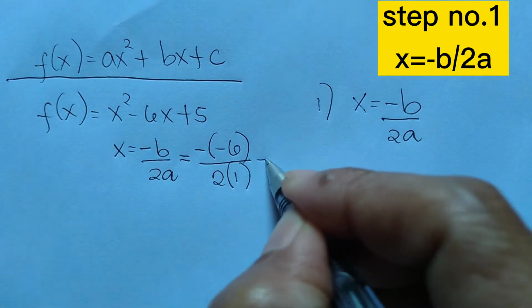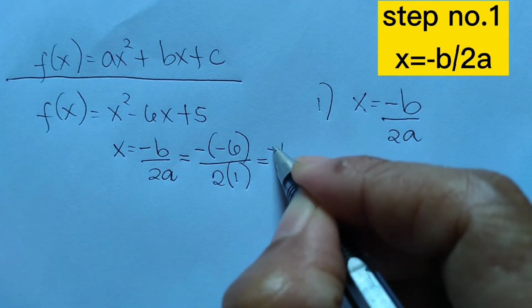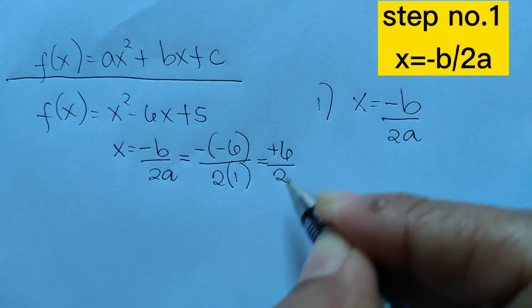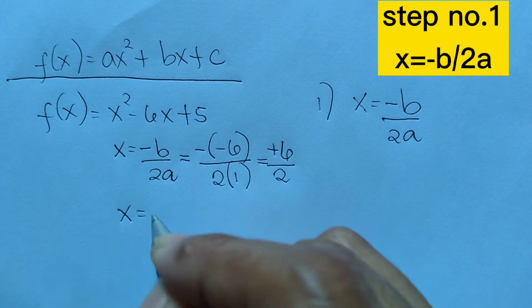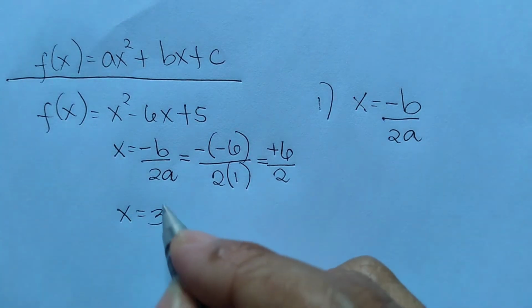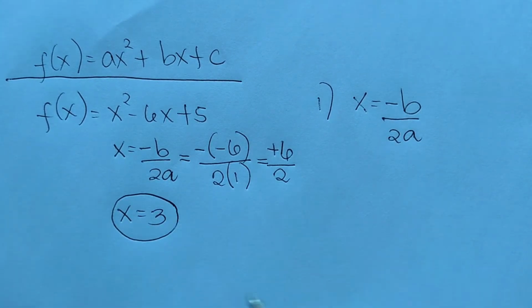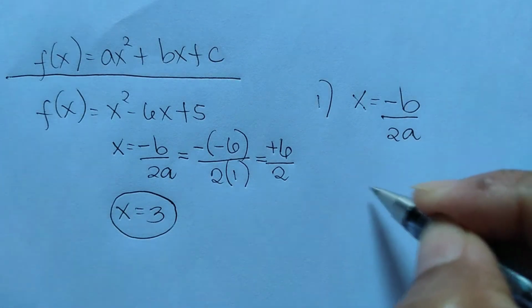So it will give us negative of negative 6, that becomes positive 6 over 2. So, it will give us 3. So, x is equal to 3. So, this is now the value of the x coordinate in the vertex.